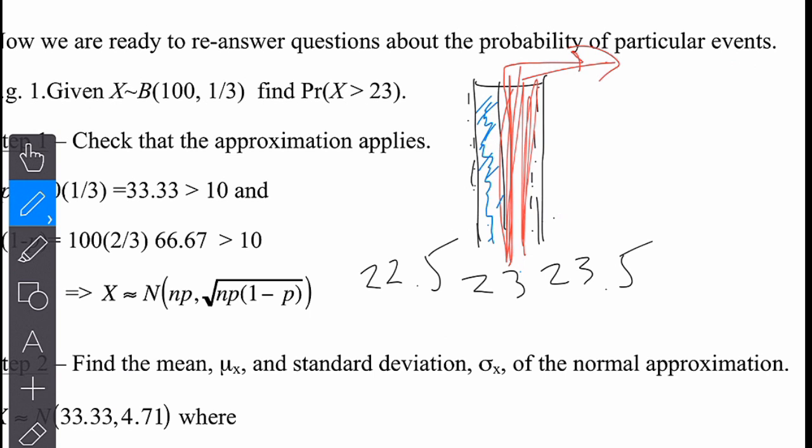So what I'm going to do is answer the question going greater than 22.5 instead. So I'm going to rewrite this as the probability x is greater than or equal to 22.5. By doing so, I actually am answering the question much more precisely, using the normal approximation by making an adjustment, the correction for the shift from a discrete distribution to a continuous distribution.